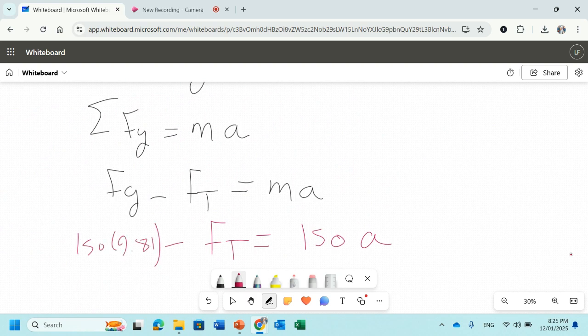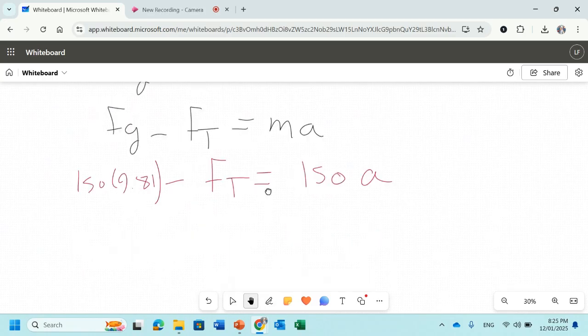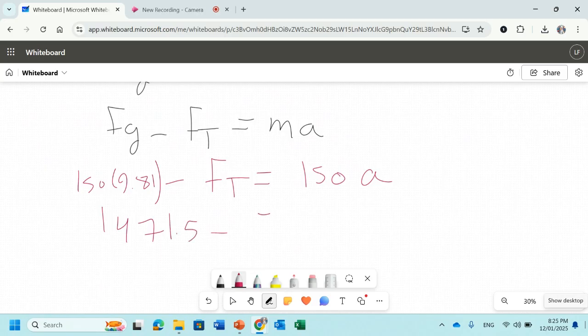If we calculate this one, we should get 1471.5 minus Ft equals 150a, and this is equation 2.